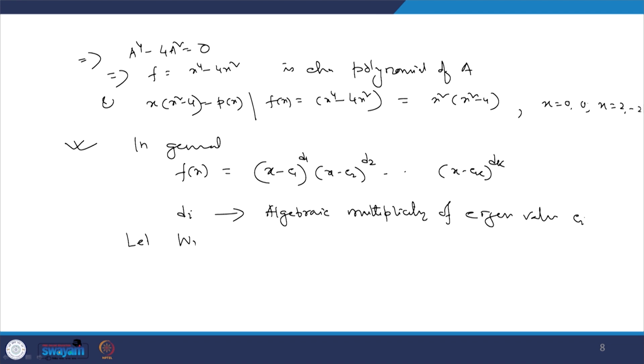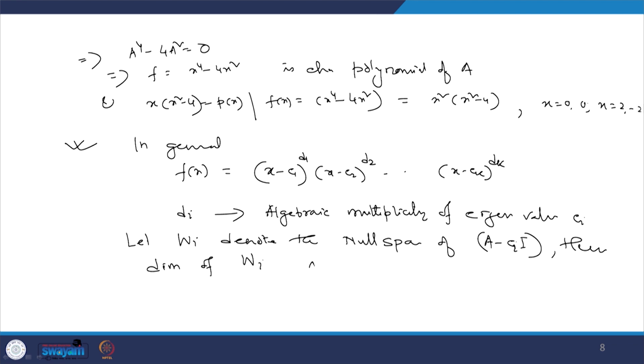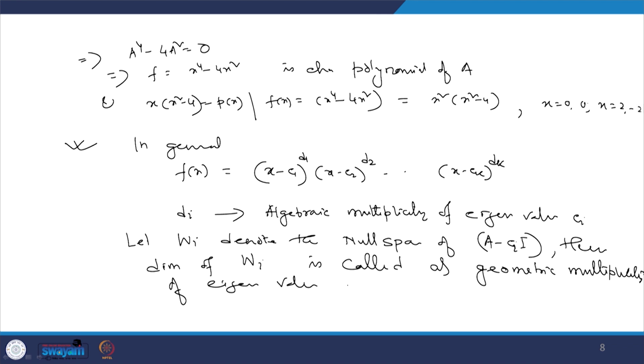Let Wi denote the null space of your A minus Ci I. If I consider this matrix, then that is basically the eigenspace associated to the eigenvalue Ci, then the dimension of Wi is called the geometric multiplicity of eigenvalue Ci.